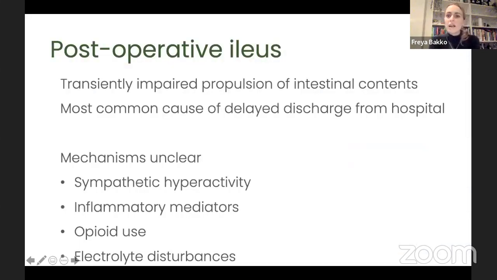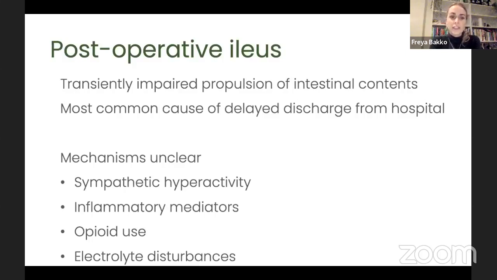So post-operative ileus is essentially transiently impaired propulsion of intestinal contents, and it is one of the most common causes of delayed discharge from hospital. We're not quite sure why this happens, but it's thought to be a combination of causes, including sympathetic hyperactivity from the abdominal surgery itself, and inflammatory mediators from the abdominal contents being disturbed and the colon in particular being mobilized during surgery.